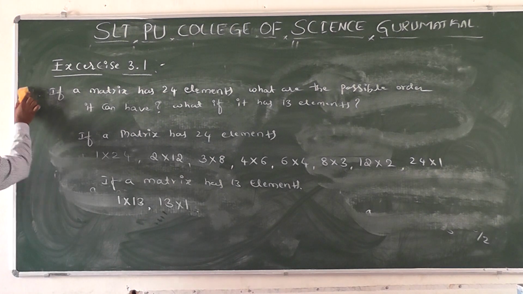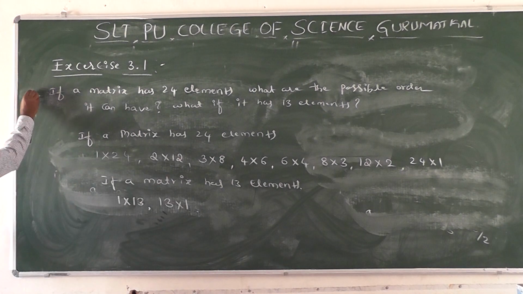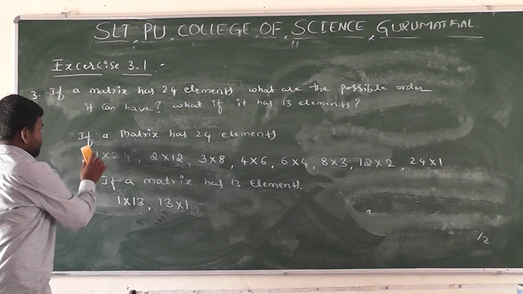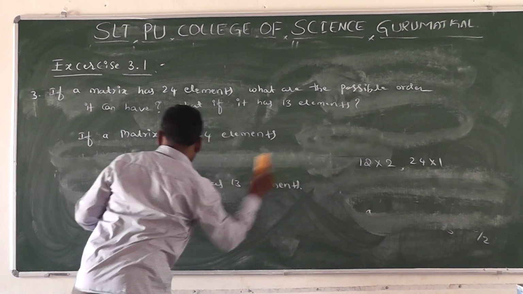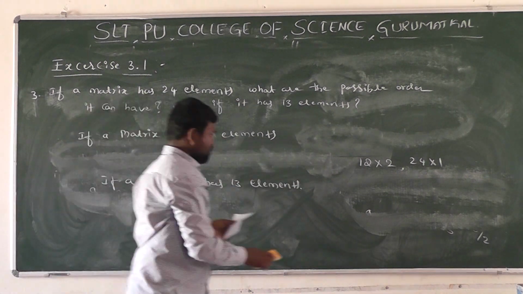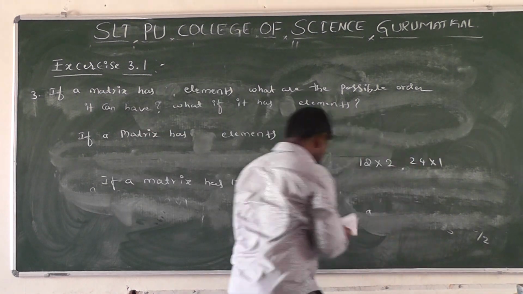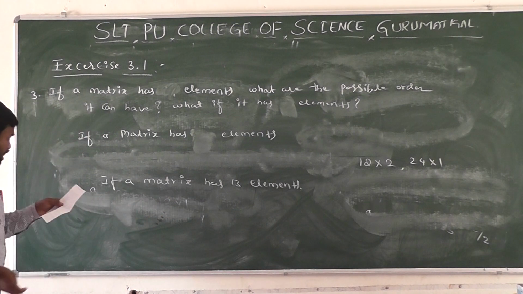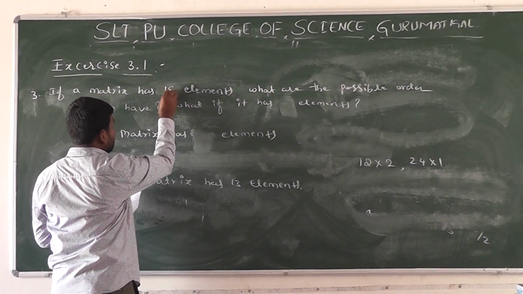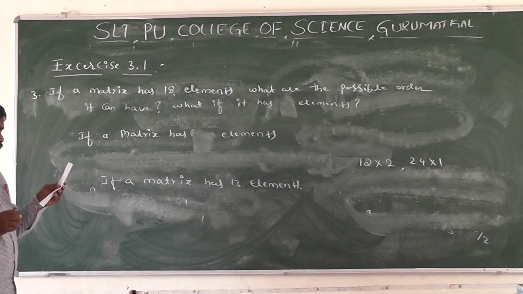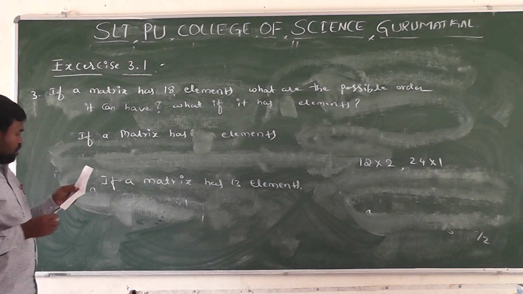Question number 3. If a matrix has 18 elements, what are the possible orders it can have?